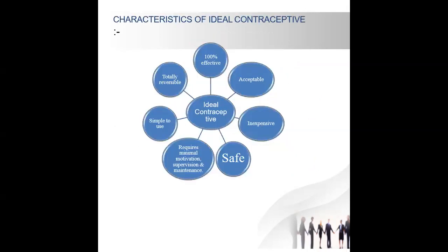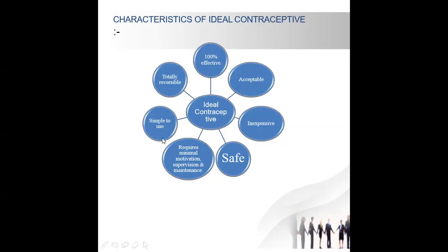Now, what should be the characteristics of an ideal contraceptive agent? An ideal contraceptive agent should be, of course, 100% effective. It should be accepted, inexpensive, and safe. It should require minimal motivation, supervision, and maintenance.